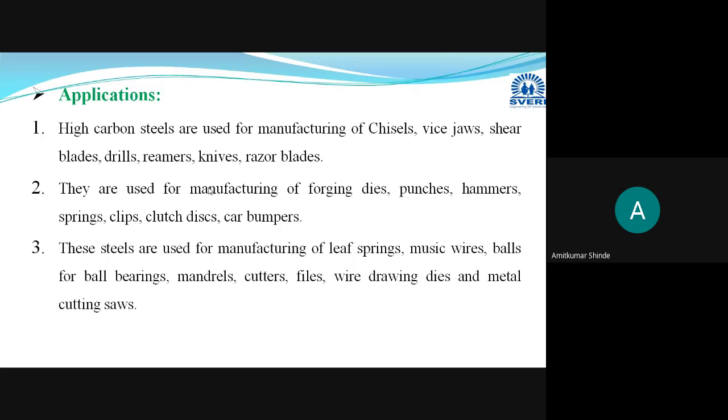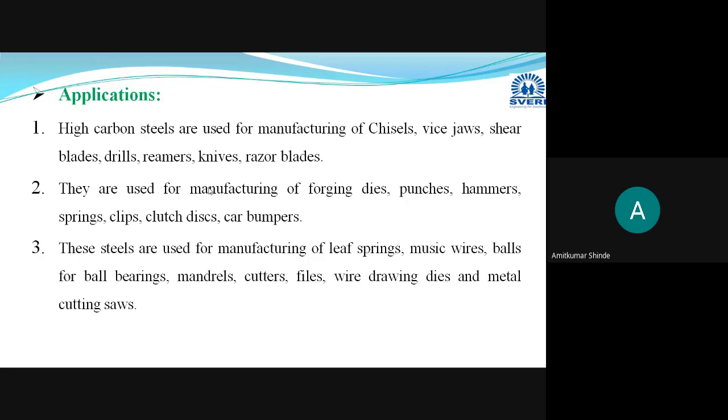Then from your home appliances, different kinds of knives or razor blades you use for your home applications are all made from high carbon steel only. Then different kinds of hammers, cutters, mandrels, files, and punches are there. All these are manufactured from high carbon steel only.